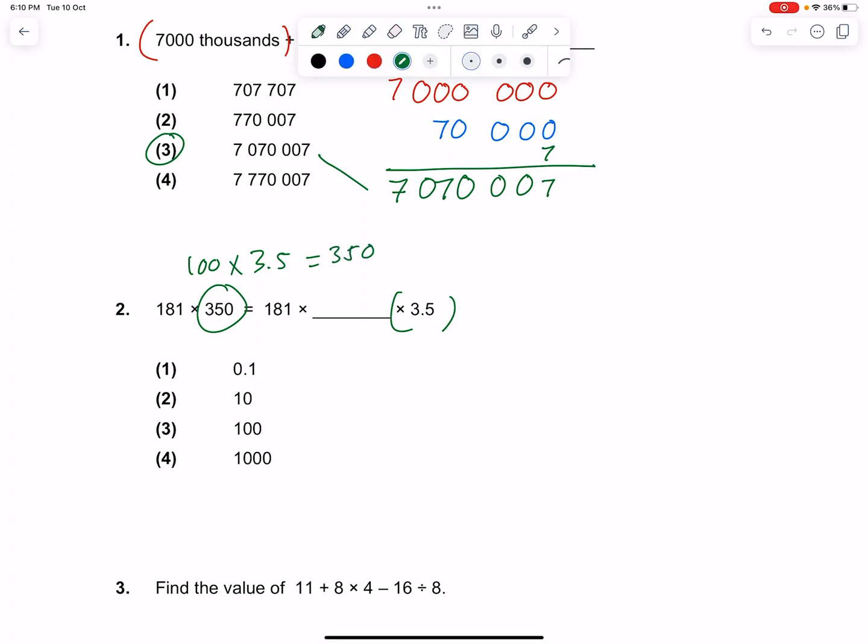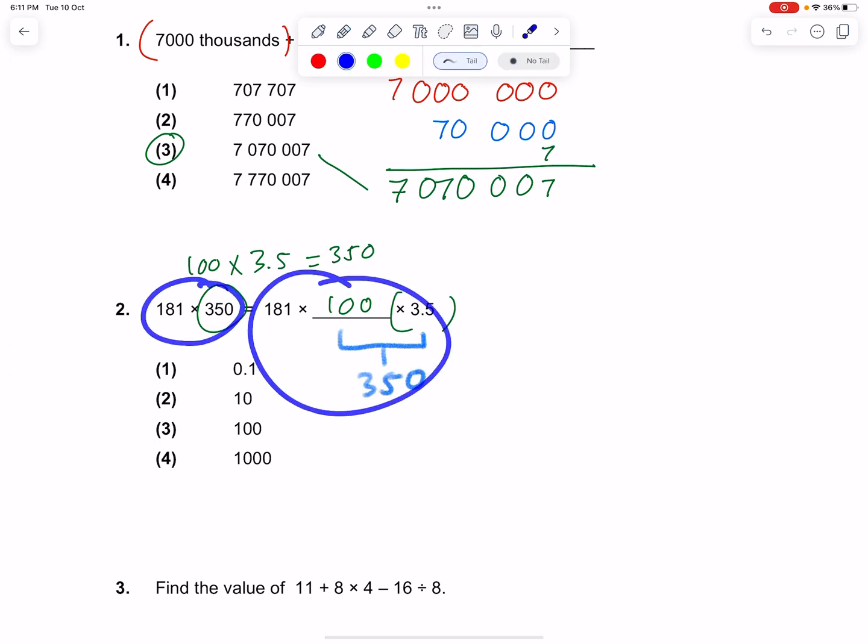We know that because we shift by 2 zeros. When we shift forward, because it's a multiplication, the number needs to be bigger than the original one, which is 350. So the answer is 100. When we take 100 times 3.5, your answer is 350. So this equation is the same as this equation. So therefore your answer is 3.